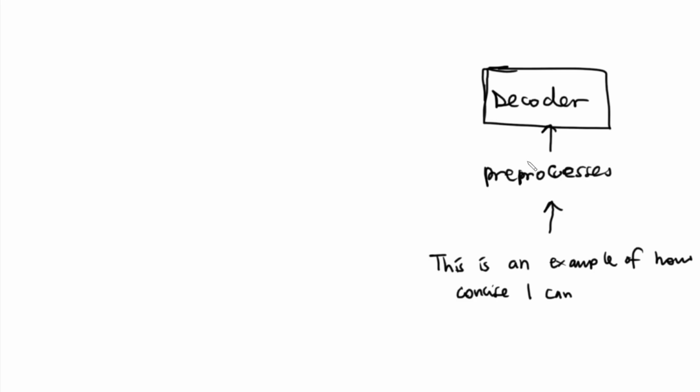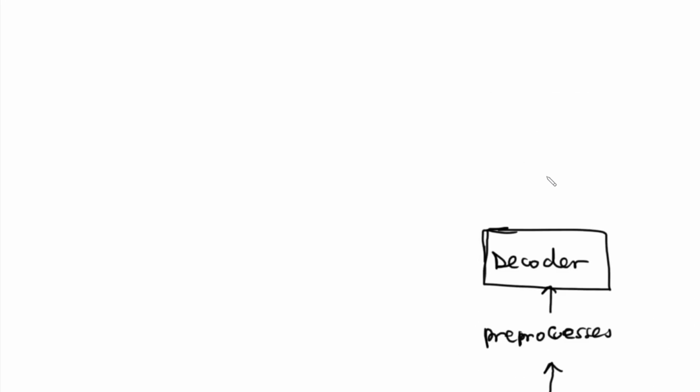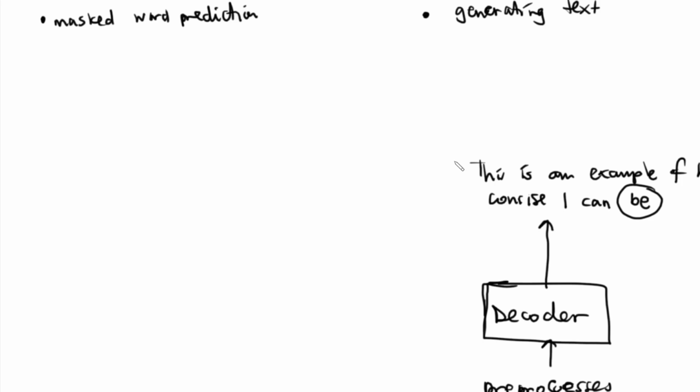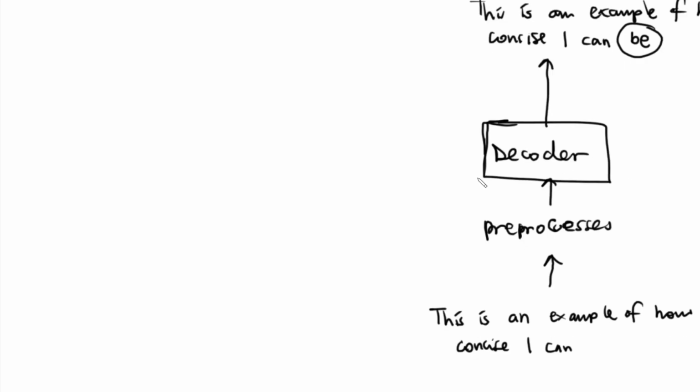After it pre-processes it, this then comes out and says: this is an example, because that was the text that we had, of how concise I can, and then it predicts this word, be. That's what it does. It generates that word be when we have given it this text.